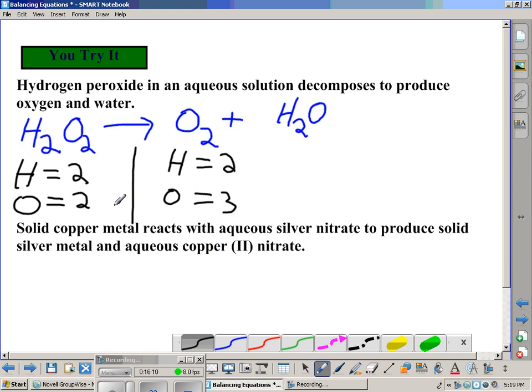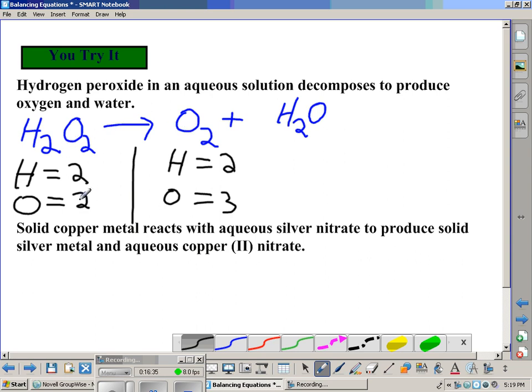So our oxygens aren't balanced. We need more of them over here. Sometimes when you do this, increasing the number of oxygens is obviously going to increase the number of hydrogens. That's okay. In the end, it's eventually going to work out. You may have to go back and forth from one side to the other, balancing several times to get this to work. But just take it slow. These can be time consuming, but in the end, you'll get it.